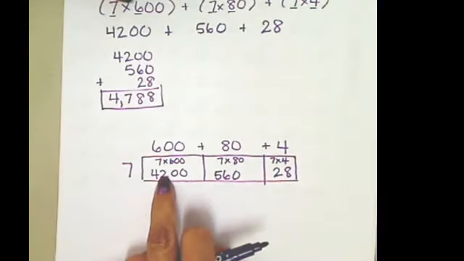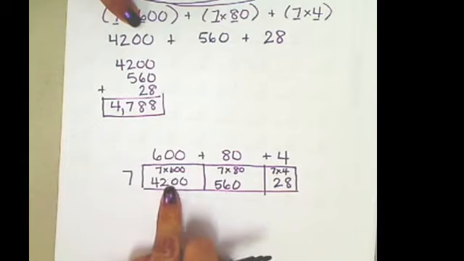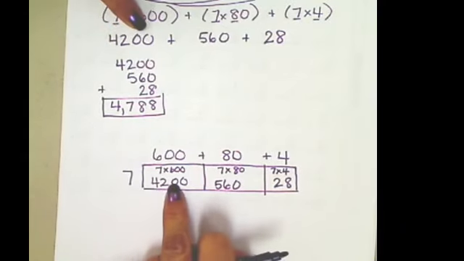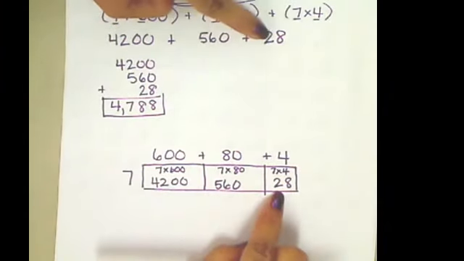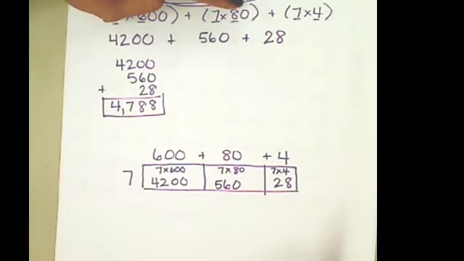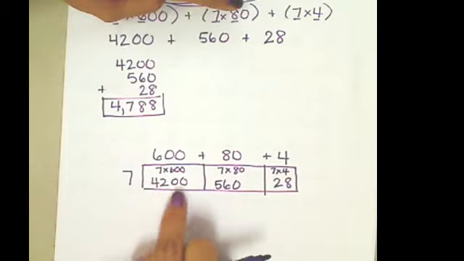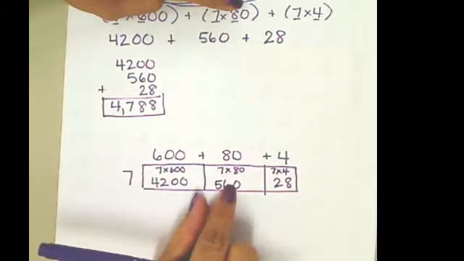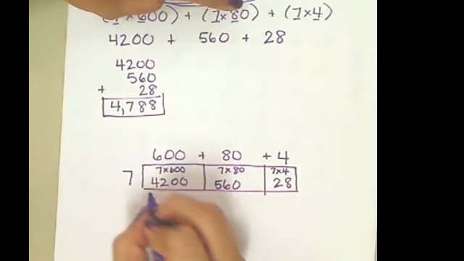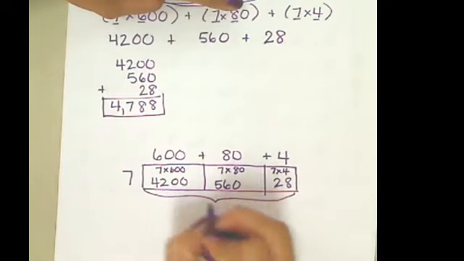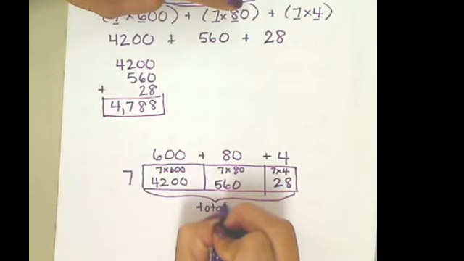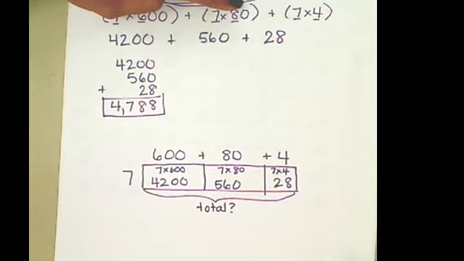And now I have the same partial products as I had before. 4,200, 560, 28. And what do we do? Well, just like in our model drawing from the last unit, when you have a strip diagram and you've got 3 numbers here, you can combine them to get the total. So what's the total? What do we have to do? We're going to have to add them up.